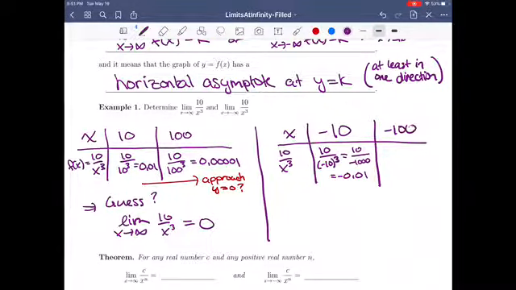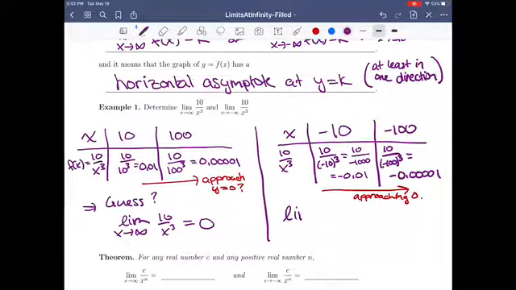If I do negative 100, because I'm cubing this negative number, it stays negative. So this one is going to be negative, and then again 4 zeros and then a 1. So here it seems like we're approaching 0 again, but from the negative side. The numbers are negative instead of positive, but they're still getting closer and closer to 0. So again, we might guess that the limit as x goes to negative infinity of 10 over x cubed is also 0.